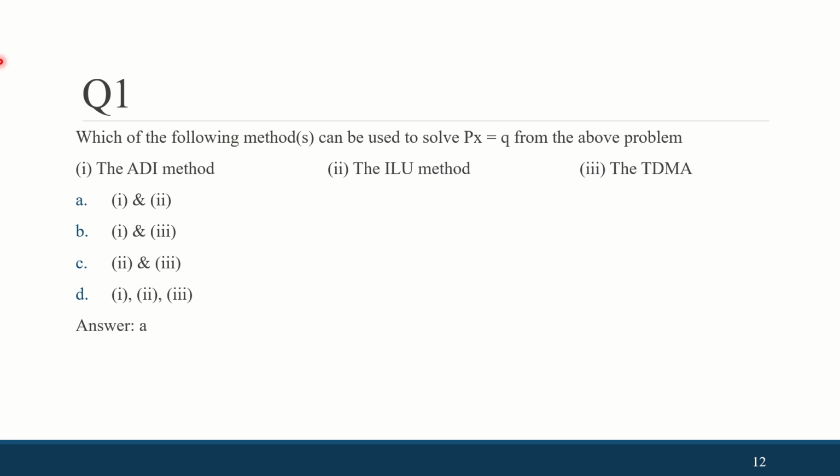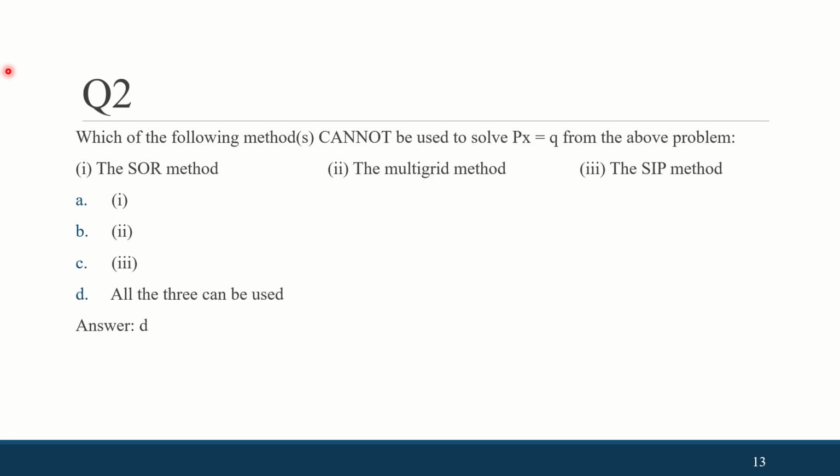Rather, there were so many other elements present in the matrix structure, if you could remember from the last problem solving session. And it was about which of the following methods cannot be used to solve Px is equal to Q.